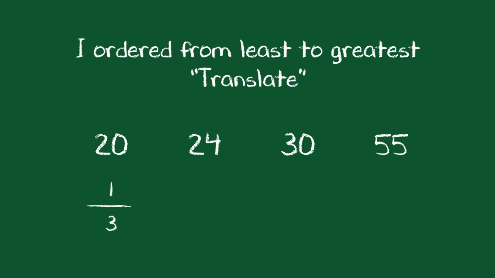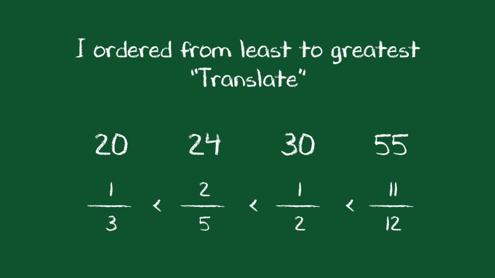1/3 equals 20 because it's the least. 2/5 was 24, which was the next greatest number. 1/2 was 30, which is the third greatest number, and 11/12 was 55, which is the greatest number.